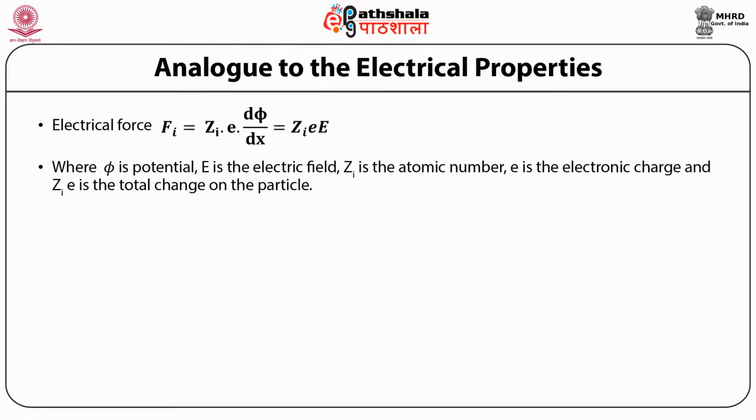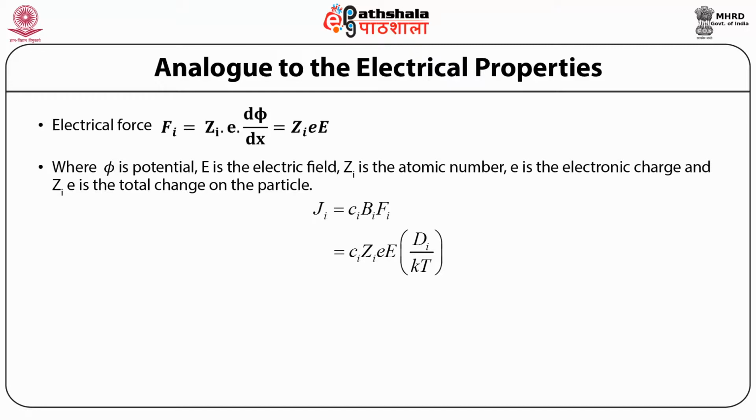Using the above relation, one can write the value of flux, that is Ji = Ci Bi Fi. On substituting the value of force, we get Ji = Ci Zi e E Di/kT.